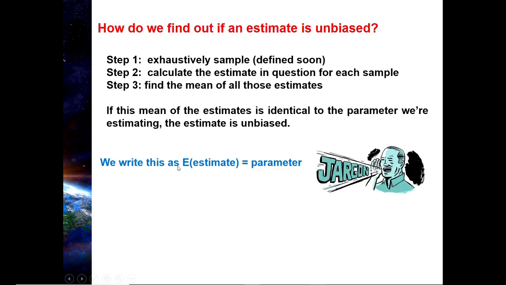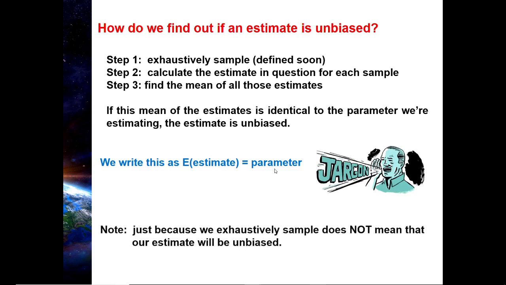Because if this statement were true, we would say that s squared is unbiased. As long as the expected value of s squared equals sigma squared, it makes s squared unbiased. Okay, you might have to play this over and over again just to make sure you got it.